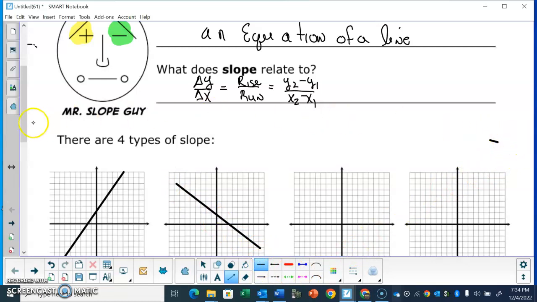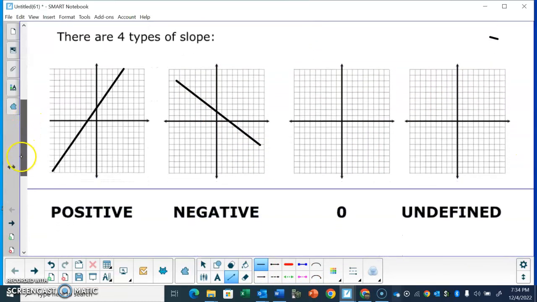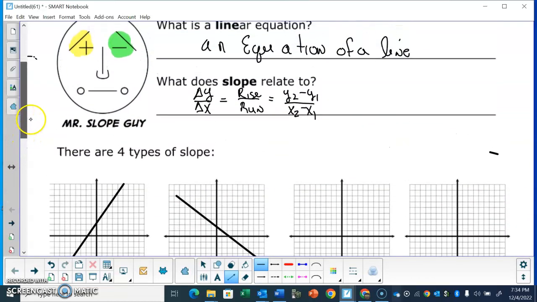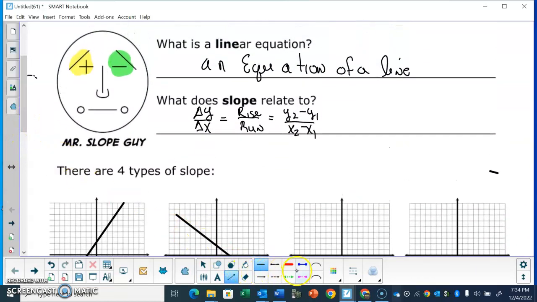Then we actually had two other slopes that I introduced, which is the zero slope. So the zero slope, let's get our slope thing here and we'll make it blue. So zero slope is a horizontal line. We talked a little bit about Hoy when we did that.